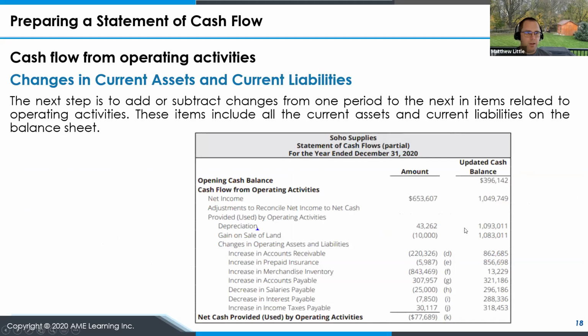Once you've done that part, you go on to the changes in operating assets and liabilities. Typically they include AR, prepaids, inventory, AP, maybe salaries, interest payable, and any tax payable. This is all part of day-to-day operations. So we look at those changes, and depending on whether they went up or down, how they affect cash flow. Let's go through each of these.